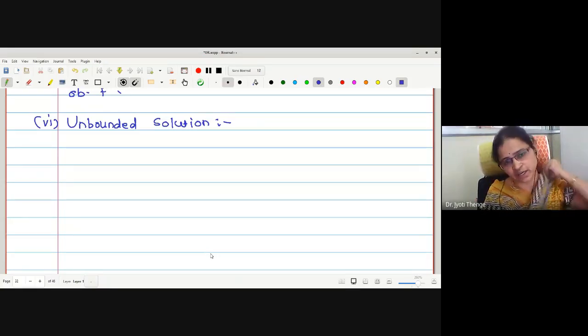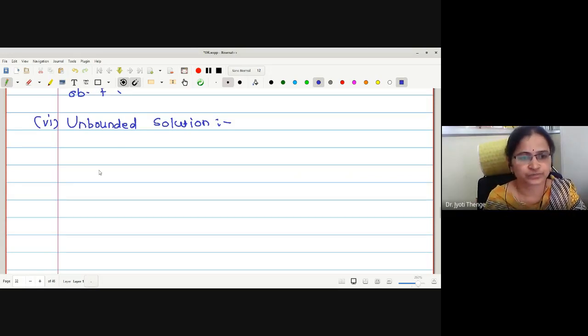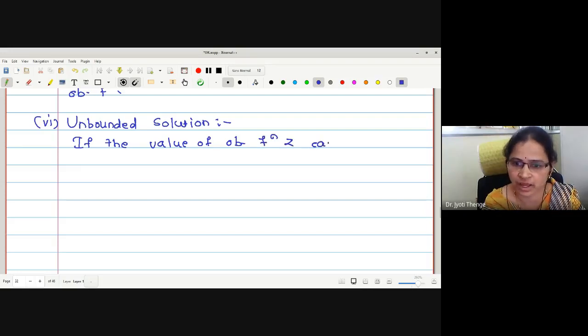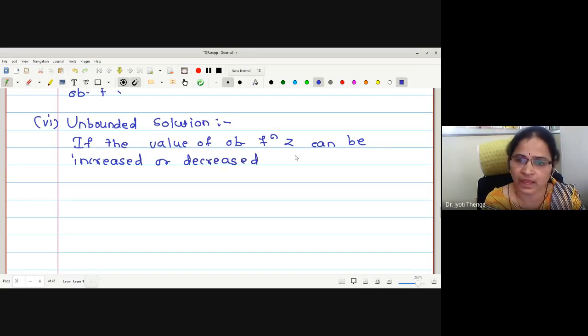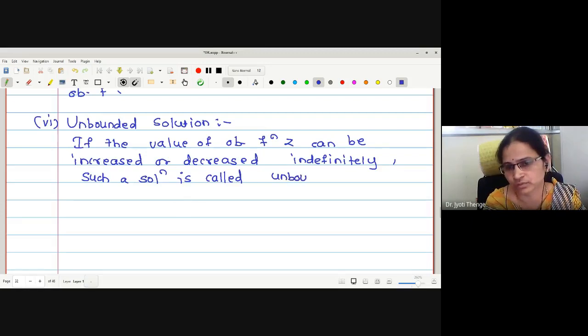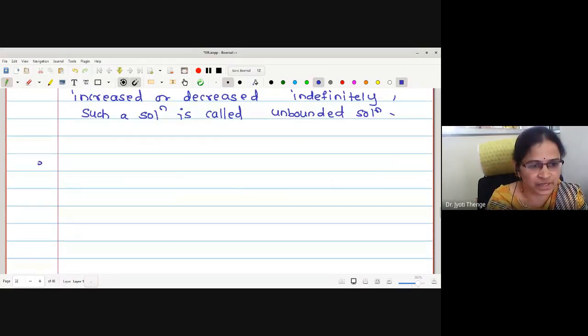If the value of the objective function z can be increased or decreased indefinitely, such a solution is called an unbounded solution.